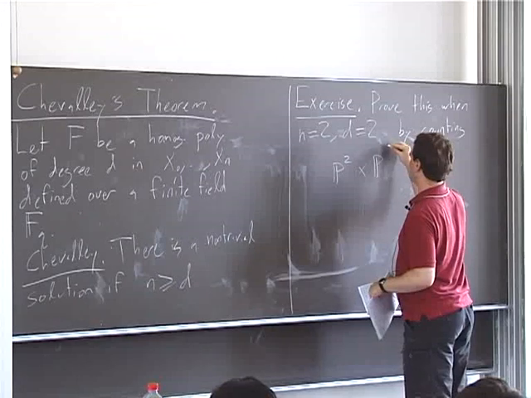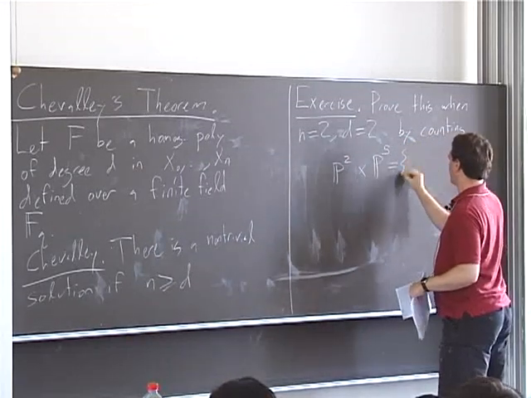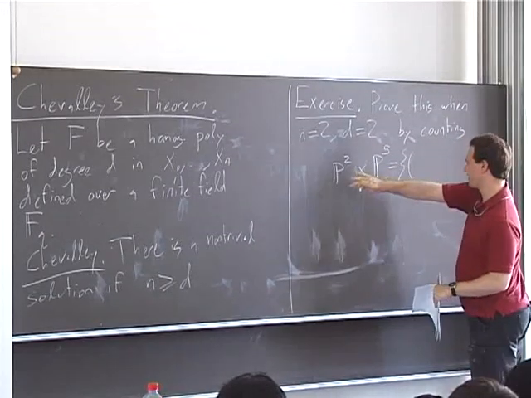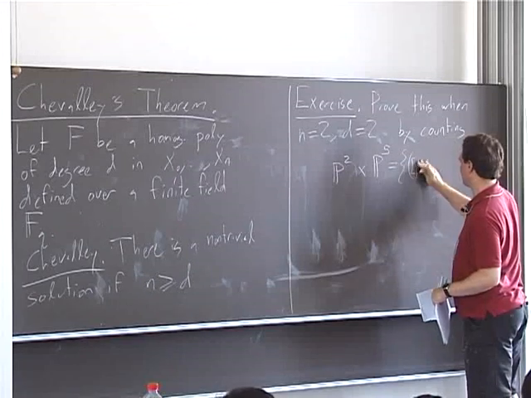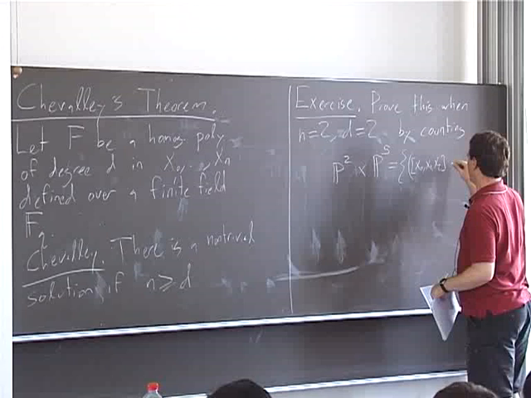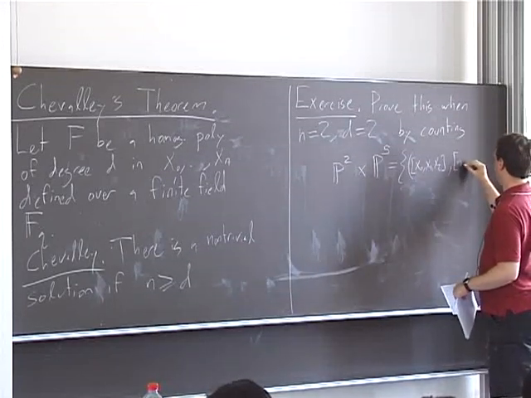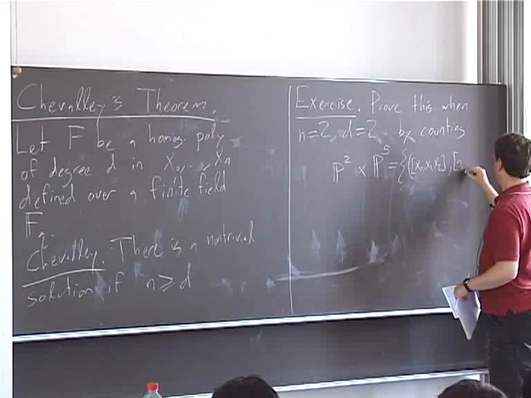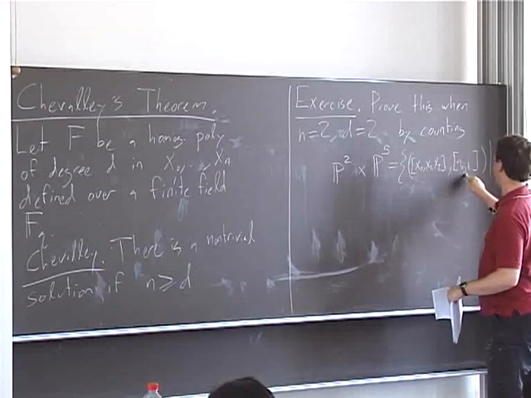There are 6 coefficients considered up to common scaling. So we can consider P2 cross P5, which is the set of pairs of a point in P2, and the coefficient vector of some degree 2 polynomial.